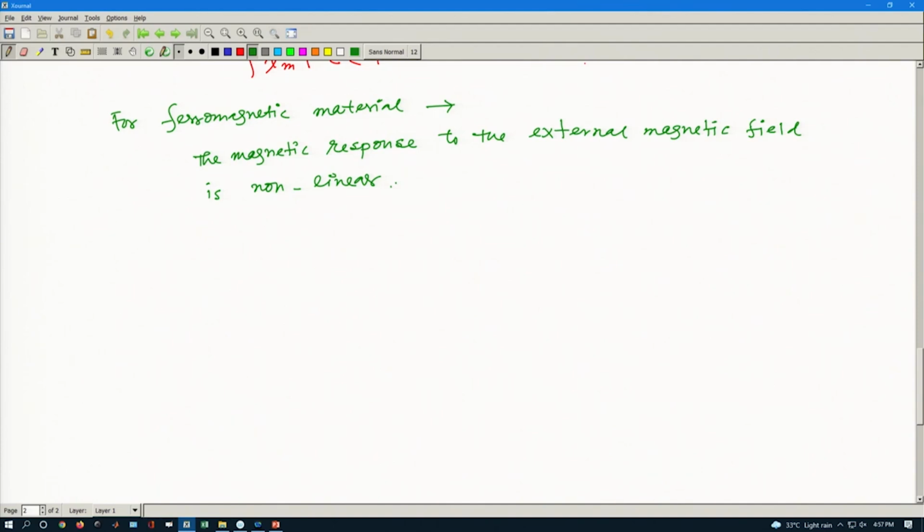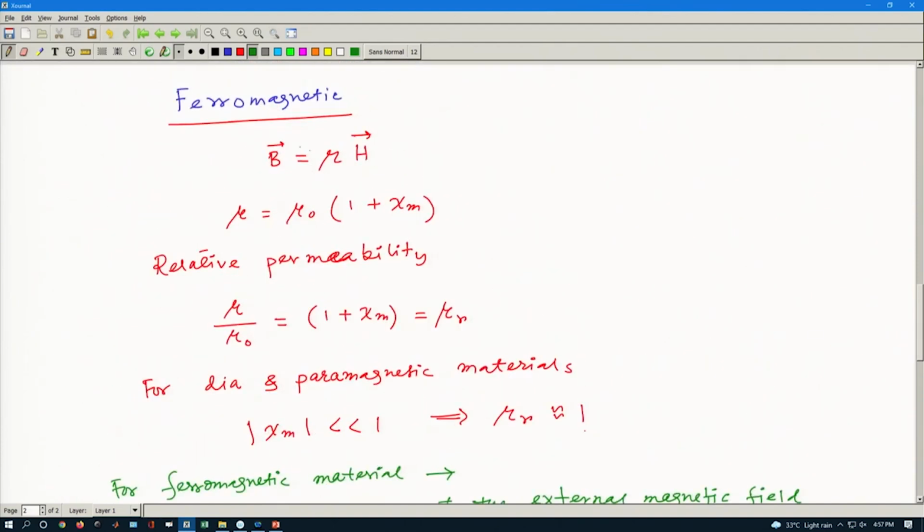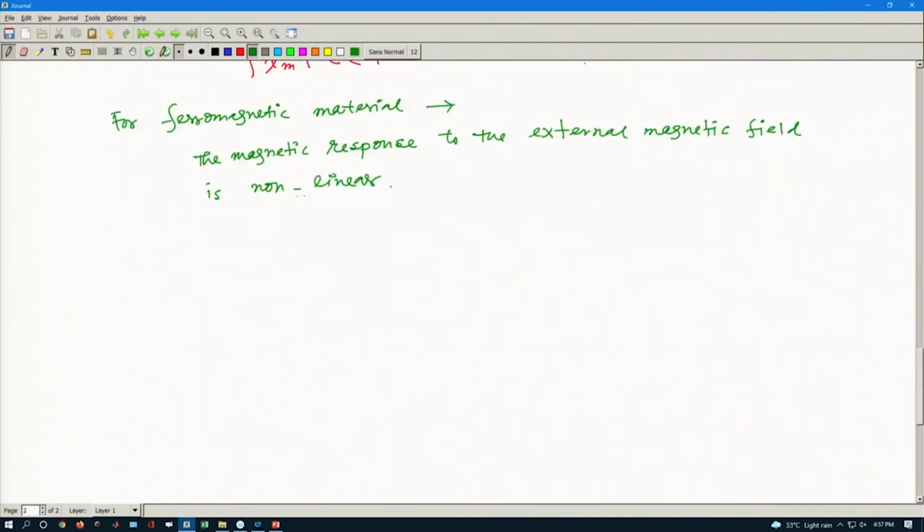Like the previous case, we could say B is proportional to H, but here we should not write B is proportional to H because the response is non-linear.